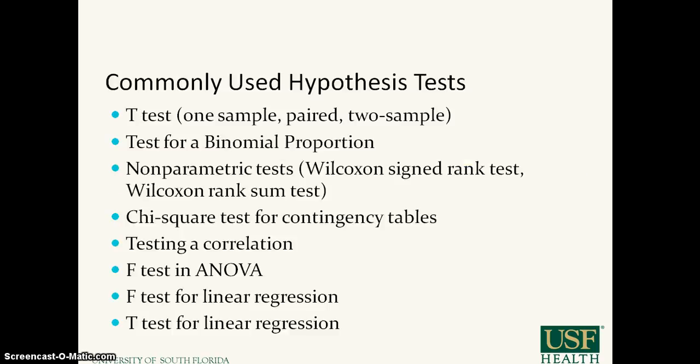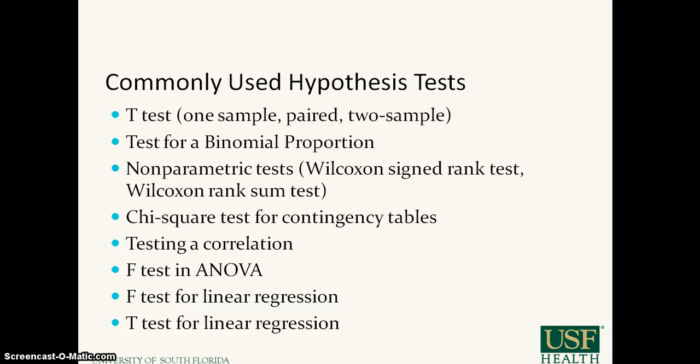And of course, you still remember the commonly used hypothesis tests for different hypotheses, such as the t-test, one sample, paired, two-sample t-test. And you have tests for a binomial proportion. And you have non-parametric tests, such as the Wilcoxon signed rank test and Wilcoxon rank sum test. And you have the chi-square test for contingency tables. And you have a hypothesis test for testing whether the true correlation is 0 or not, whether there is a true correlation.